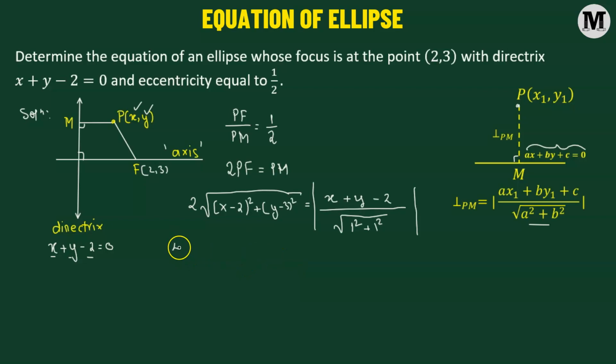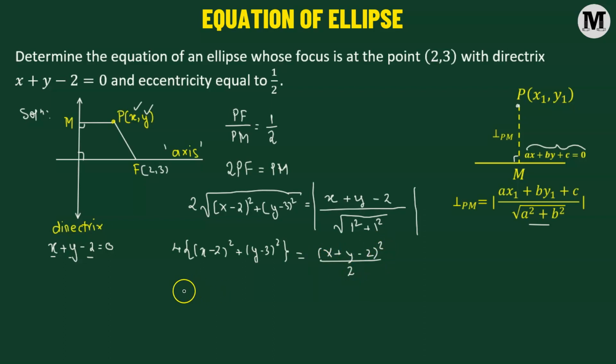Squaring the left side gives us 4 multiplied by [(x - 2) whole squared + (y - 3) whole squared]. So this will be equal to (x + y - 2) whole squared divided by 2.